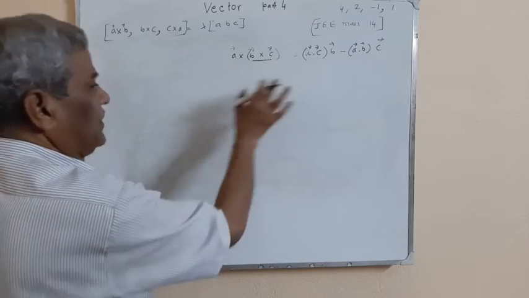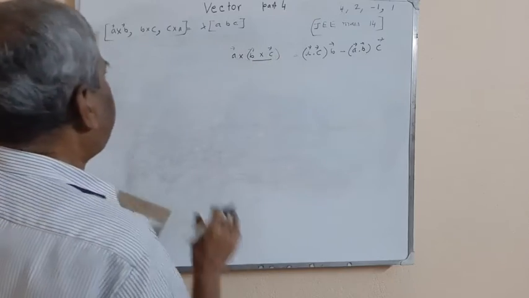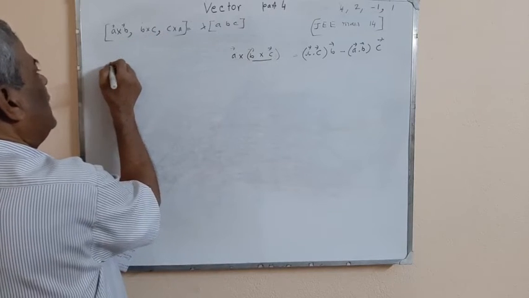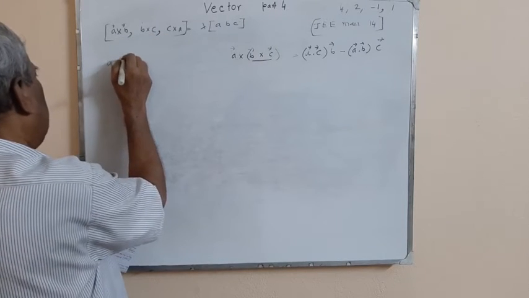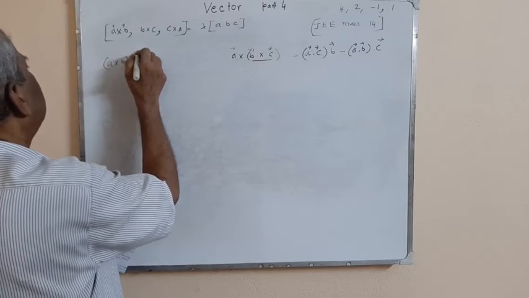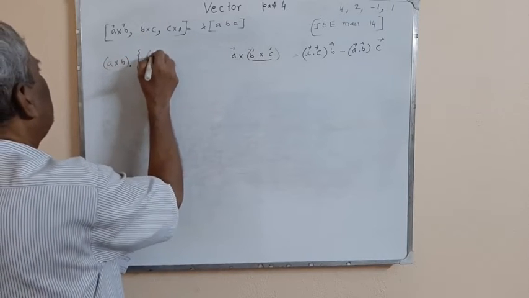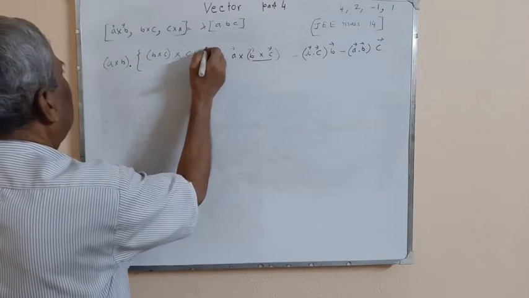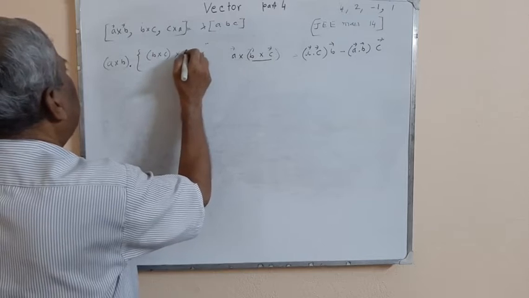So we use this result. On the left hand side, it is A cross B dot this vector.